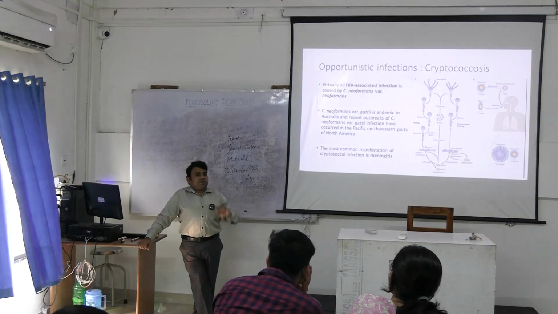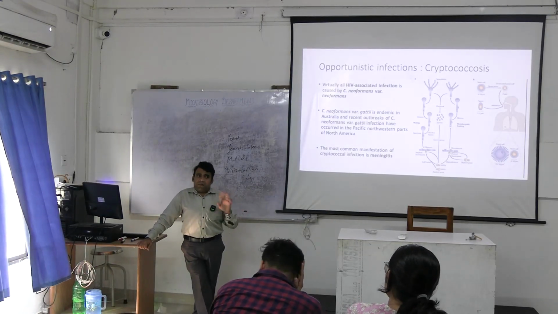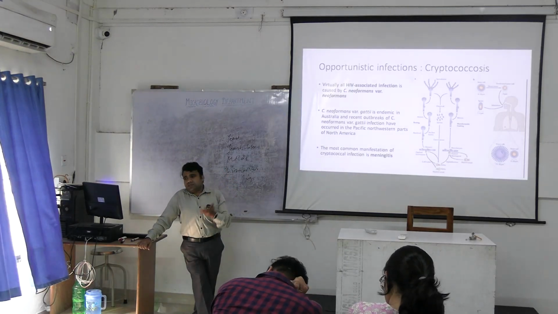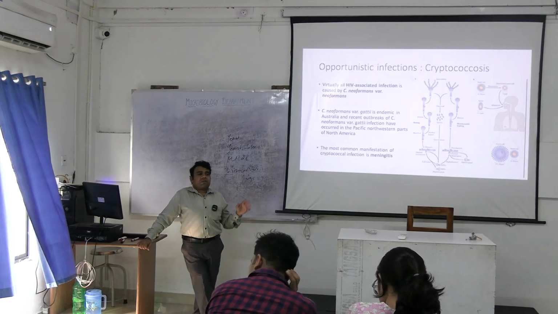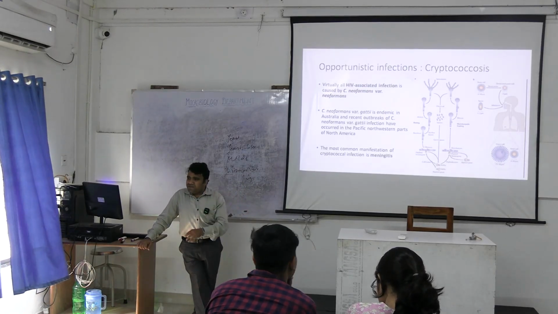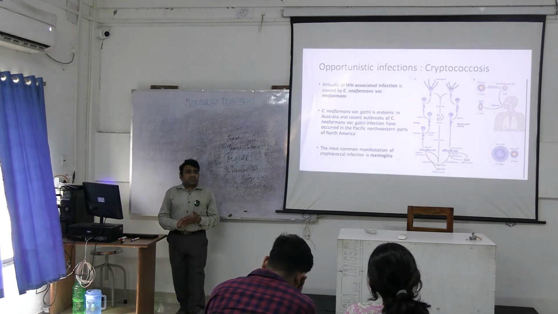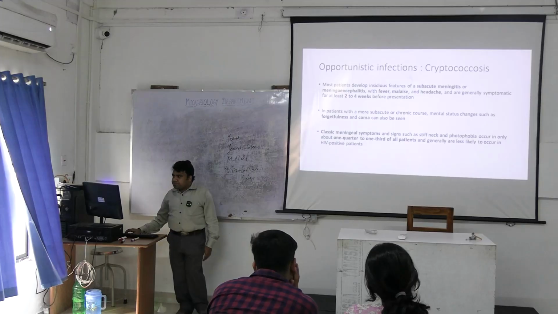Then the Cryptococcus will spread into the blood, which we call as cryptococcemia. From the blood, it may end up into the CSF through the blood-brain barrier, and if it reaches the CSF, it can cause meningoencephalitis. Meningitis with signs of encephalitis, hence it is called as meningoencephalitis, or it can cause cryptococcal ulcers of the skin. These are the various manifestations of Cryptococcus.